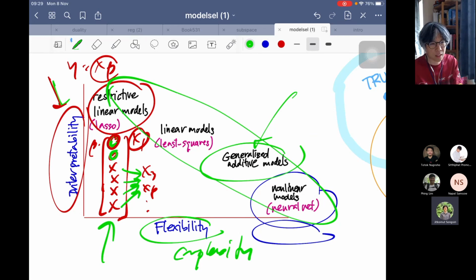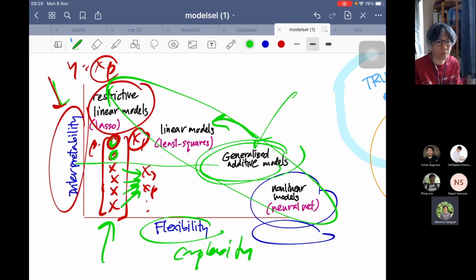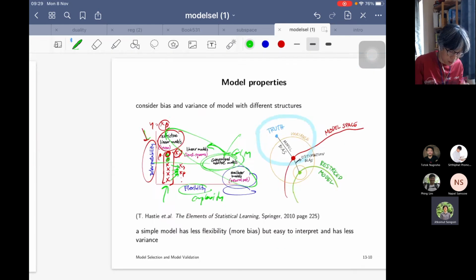It's not as complex as a neural network or a general non-linear model, but it's more general than a linear one, so more complex, but you can still interpret something from the structure of the estimator. Okay.